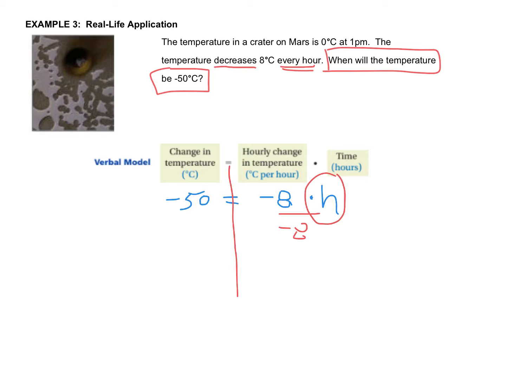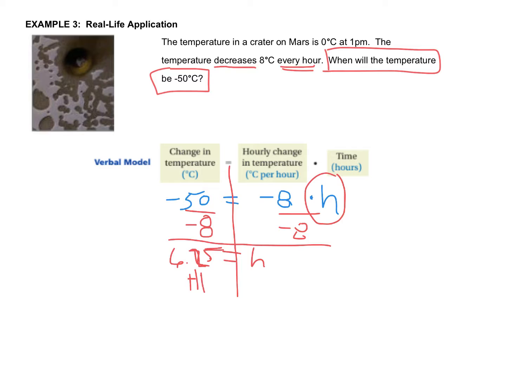And we do it to both sides to make sure that we're balanced. That's going to leave me with h equals, and negative 50 divided by negative 8 becomes positive 6.25 hours.